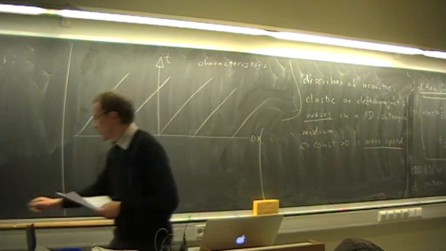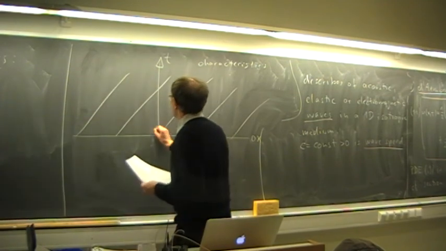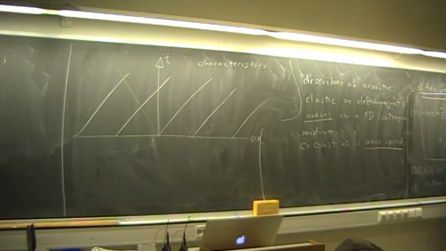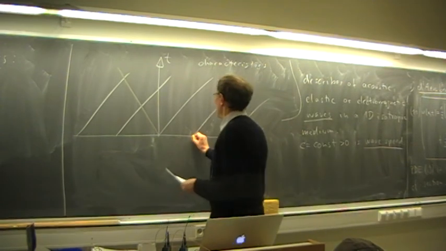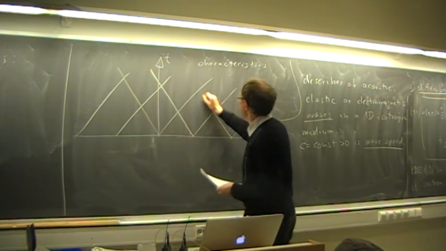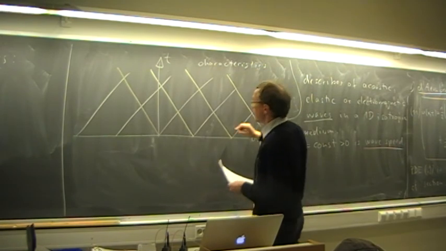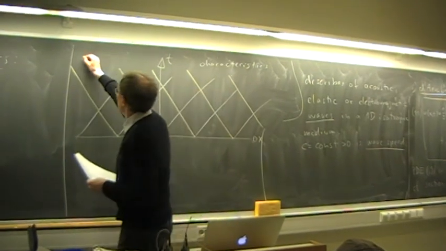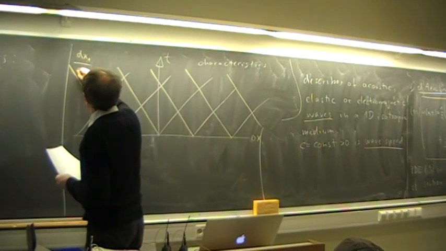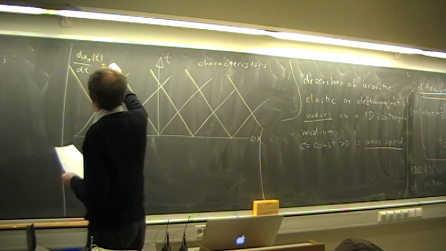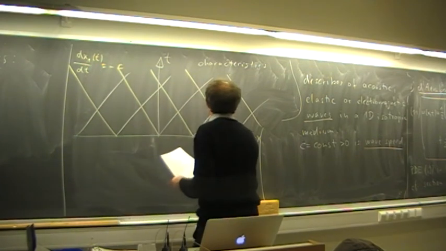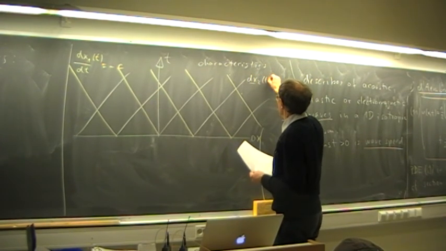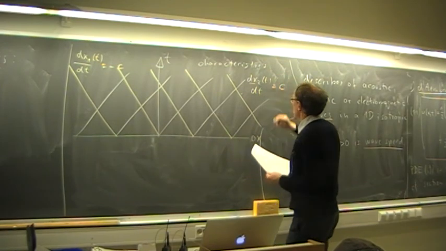Let's take a different color. The ones going to the left, label them number 1, and they have the slope minus c. And the ones going to the right, the white one here, give them number 2, they have the slope plus c.